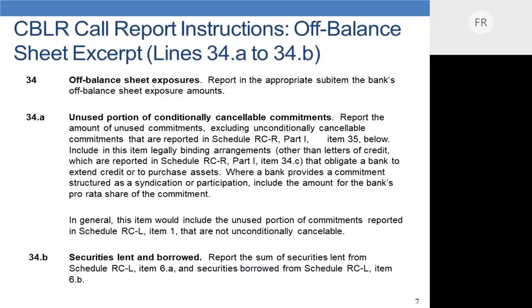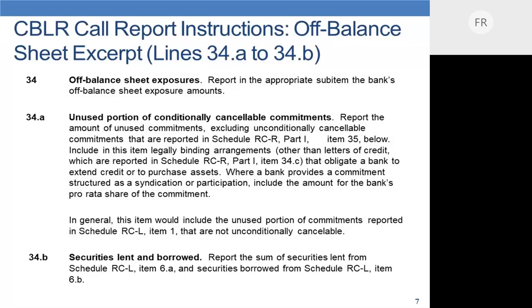And again, you can see the complete instructions, including the updated form, on the FDIC website. In general, the off-balance sheet exposure amount is composed of items that receive capital charges under the risk-based capital ratios. And as you'll see in the following slides, much of this information required is already captured in existing call report line items.